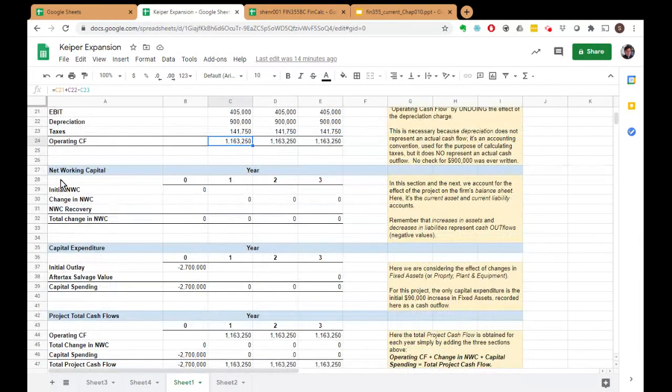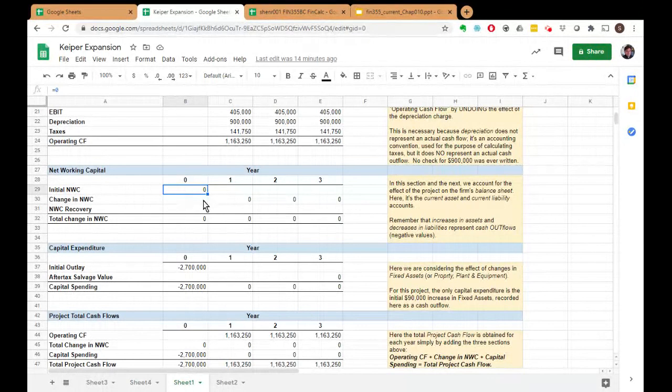Further down the worksheet, I've got sections for working capital related cash flows and capital expenditure related cash flows. This project didn't tell us anything about working capital related cash flows. It didn't say that we need to increase our inventory by $50,000. It didn't say that we need to allocate receivables in some amount.